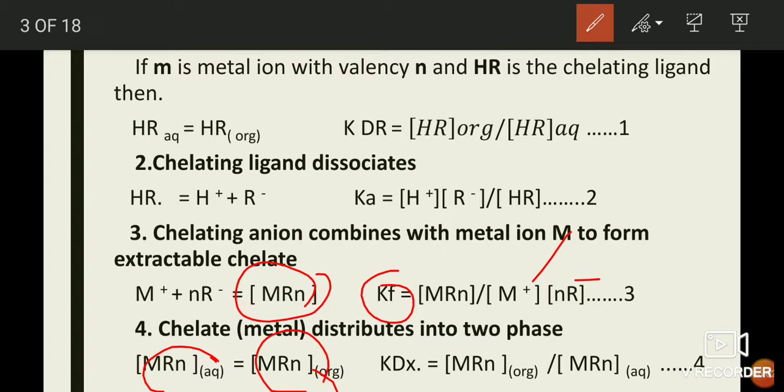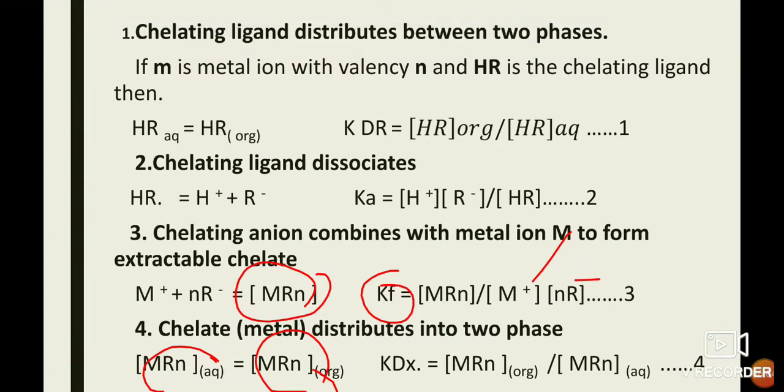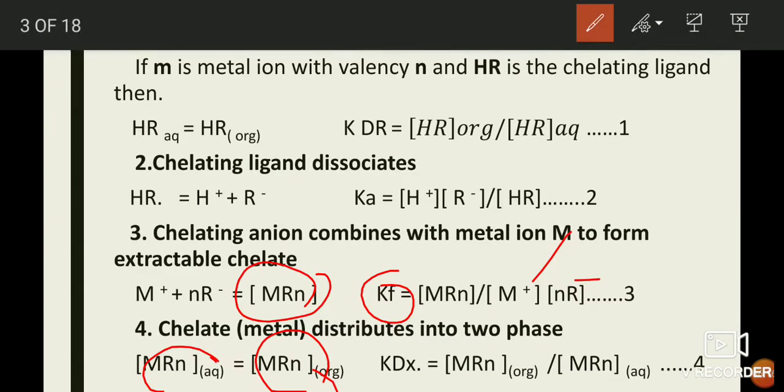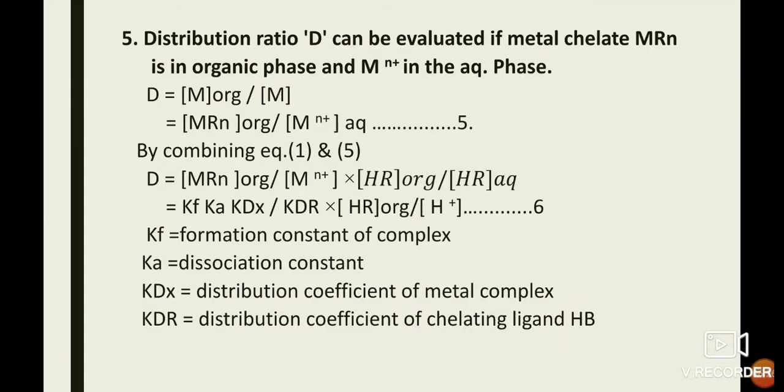That means the distribution of metal chelate between organic and aqueous phase, symbol Kdx, is equal to the concentration of metal chelate complex in organic phase divided by the concentration of metal chelate in aqueous phase.